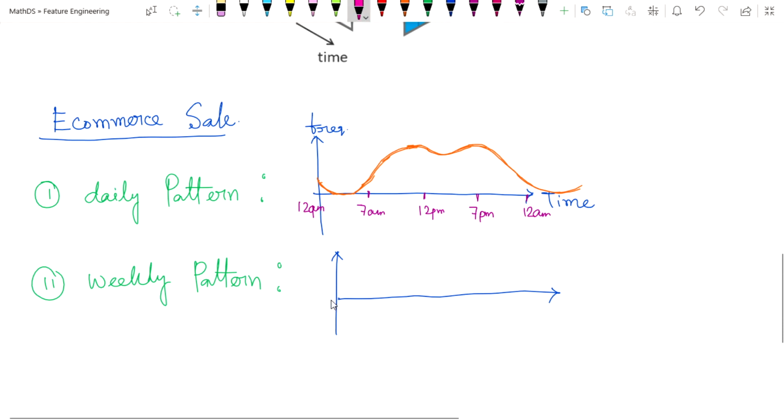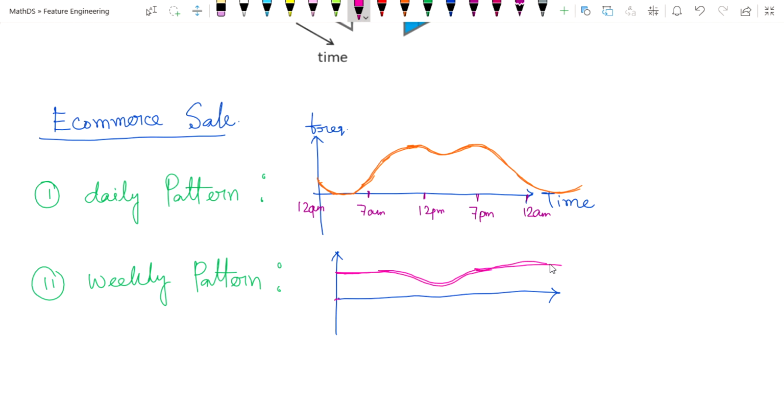So this pattern will be on a weekly basis, with the weekend days. In weekdays it increased, and in weekend days it is seen that it decreased, and again in weekdays it increased. Okay, like this kind of pattern.